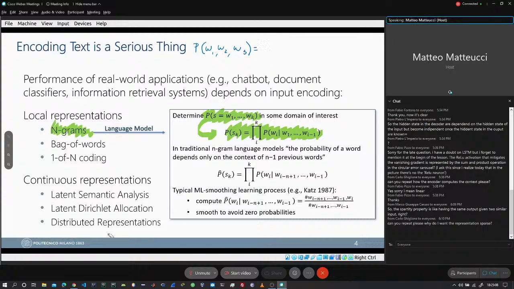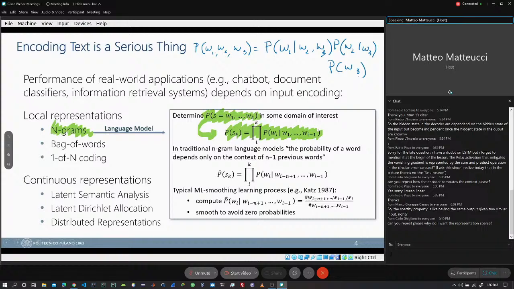I can write it as the probability of W1 given W2 and W3, times the probability of W2 given W3, times the probability of W3.